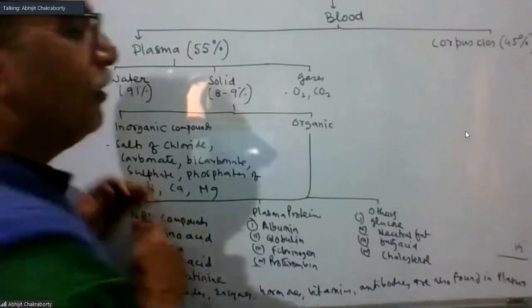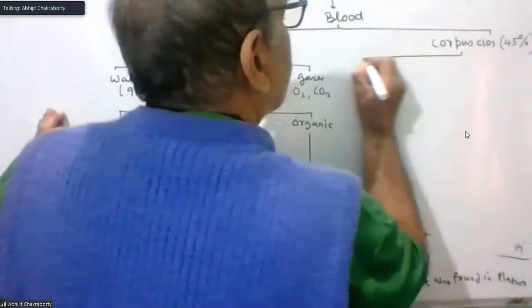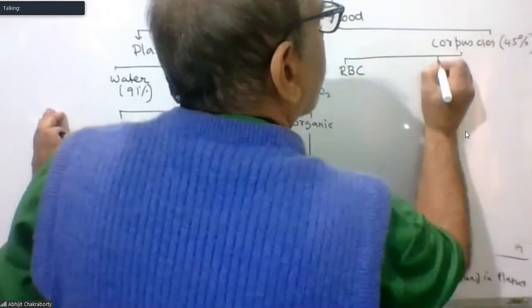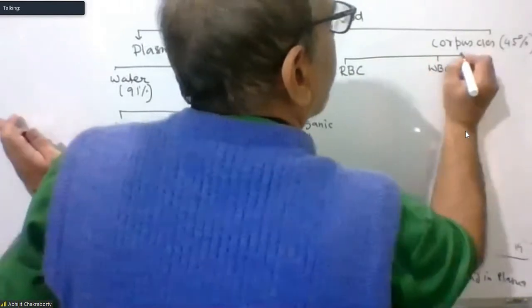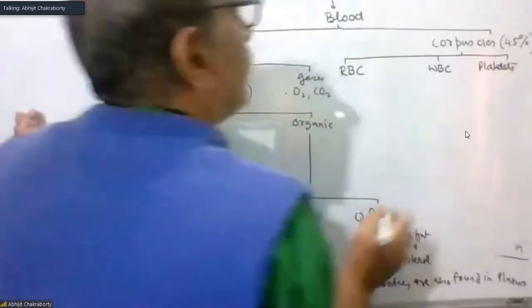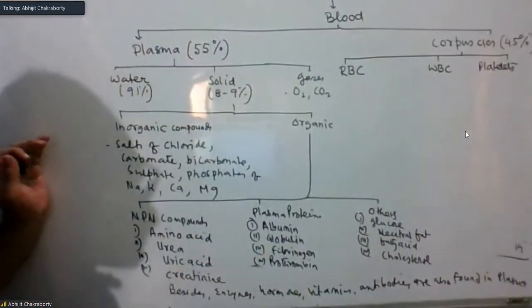Now regarding the corpuscles: RBC, WBC, platelets.